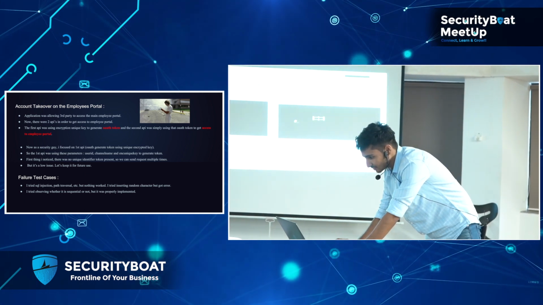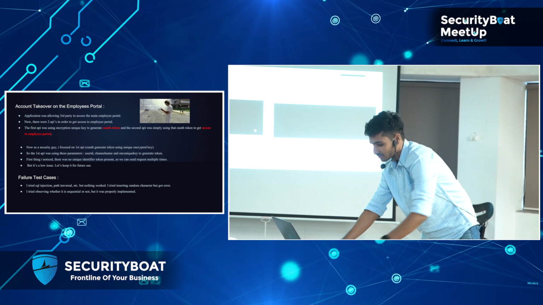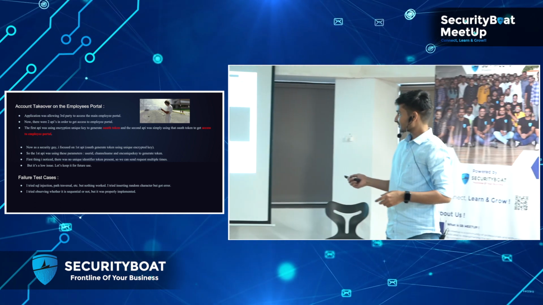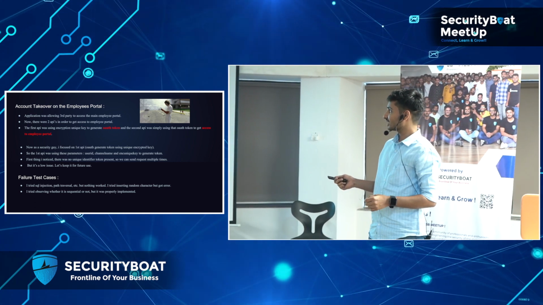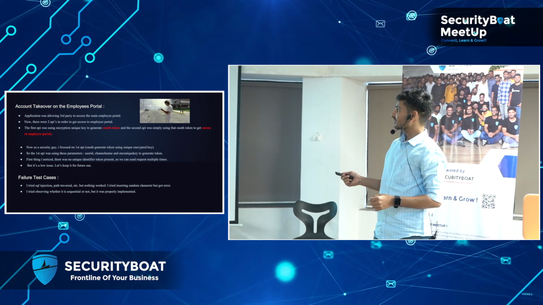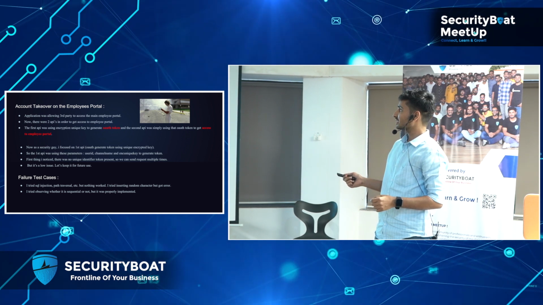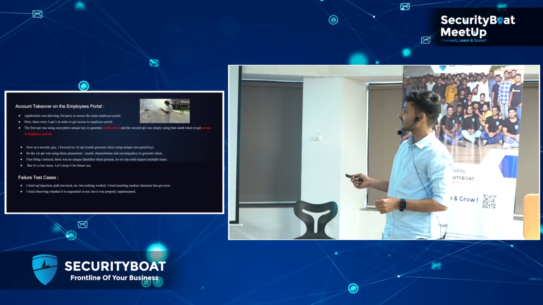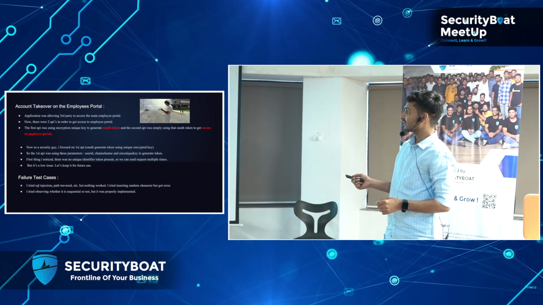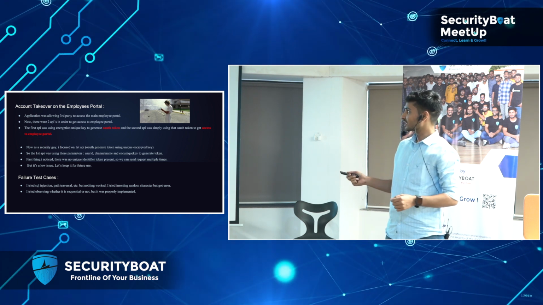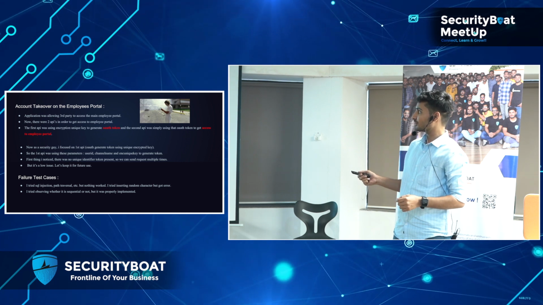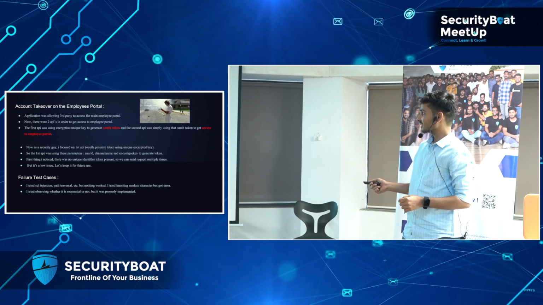Okay, so this was the first API request. Here, if you see, there's an action ID, user ID, an encryption unique key, channel name and a random number. On the basis of all these parameters, this was getting generated.